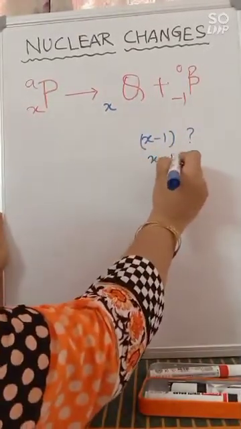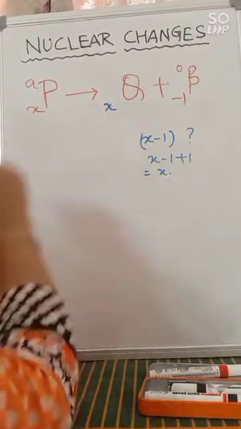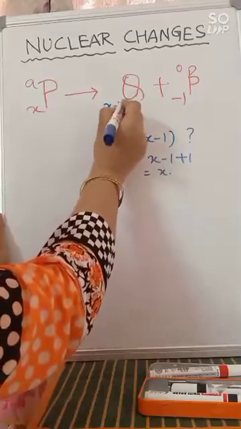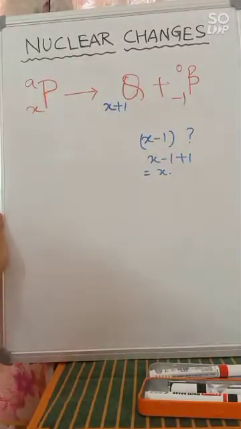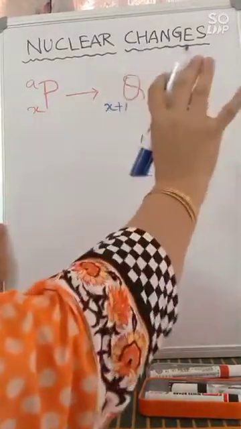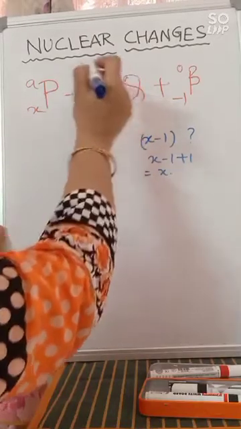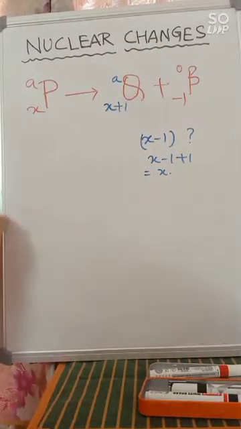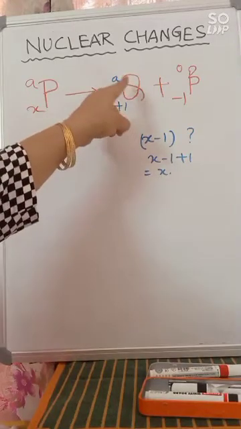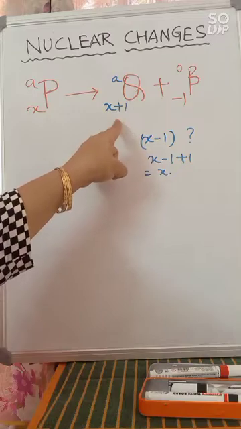If I add 1 it will turn out to be X. So here the answer will be X plus 1. And what about your mass number? It is 0. No change is there. It means the mass number as we were having in the reactant is going to be there on the right hand side, that is the product, as well. So the daughter nucleus has mass number A and atomic number X plus 1.